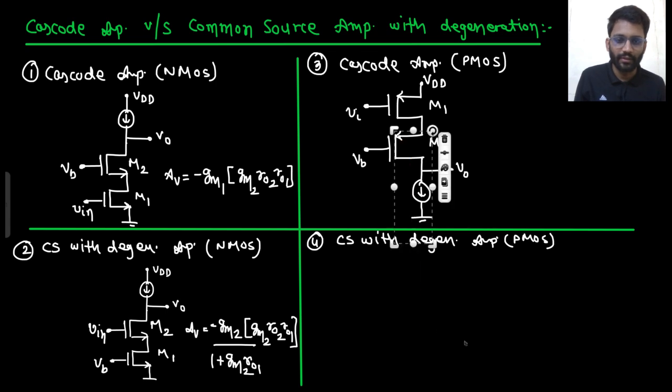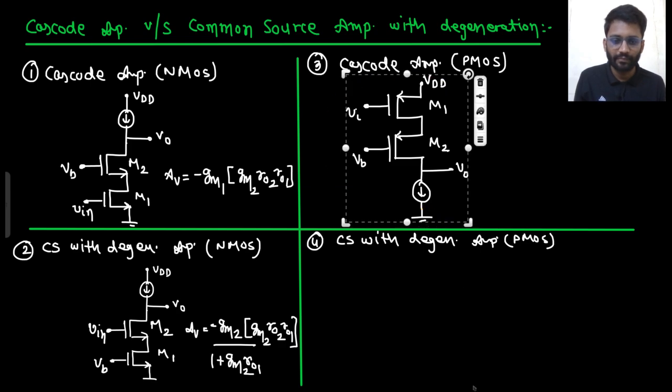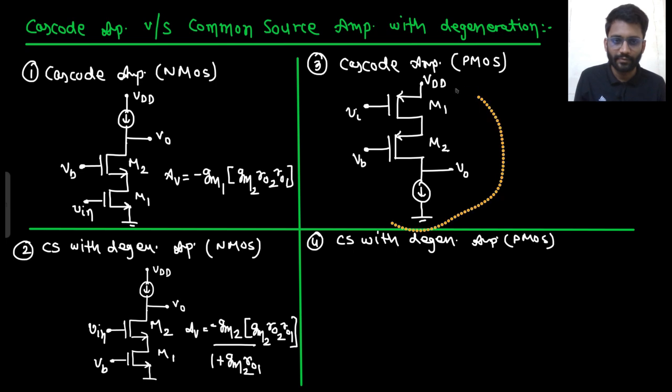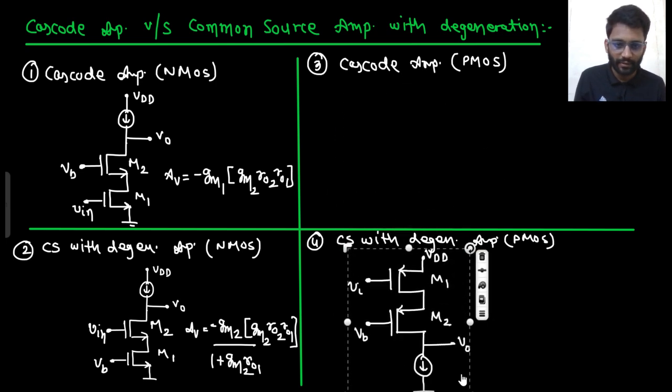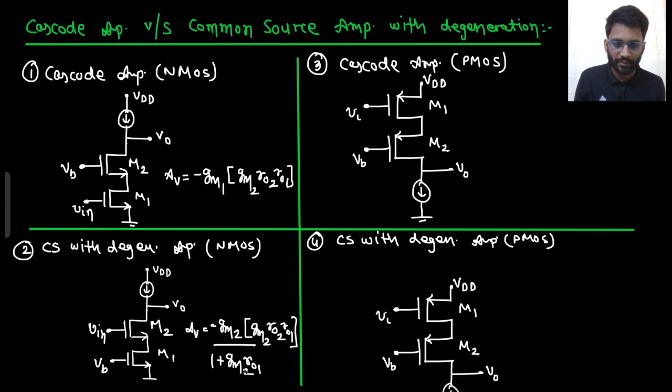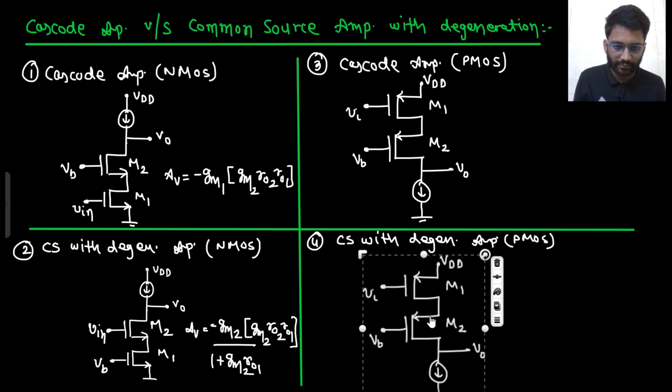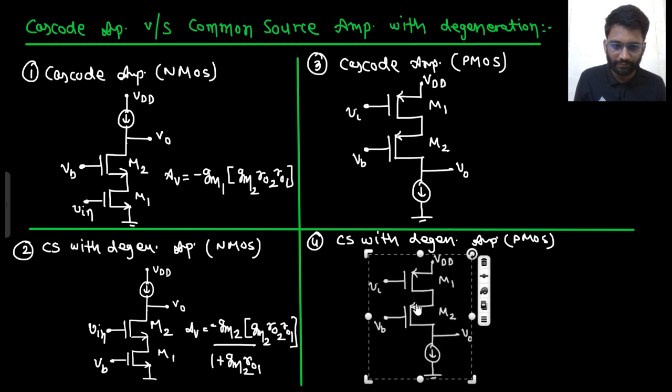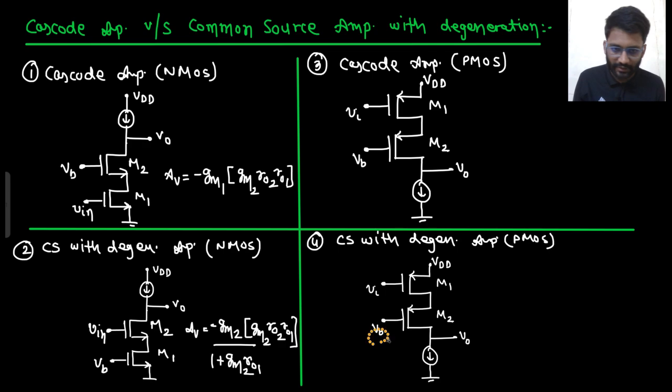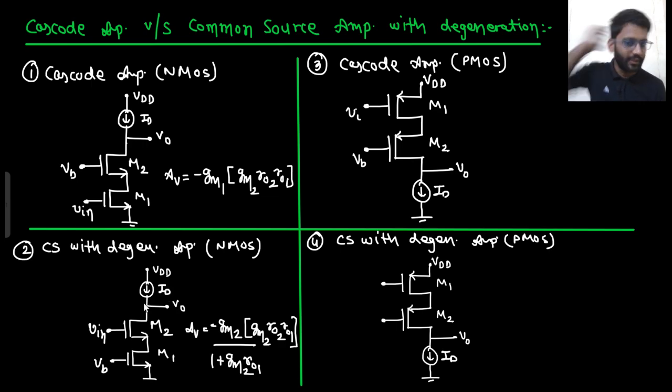Just copy it. Just interchange these. Let's call this as ID, this as ID. You can make this ID using cascode current source, right? So here you will be having your V in, here this will be your bias.